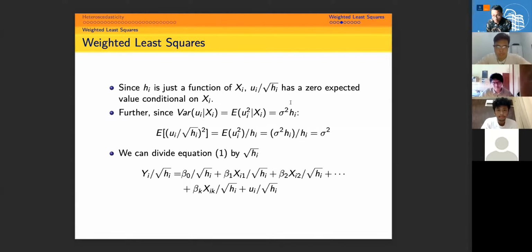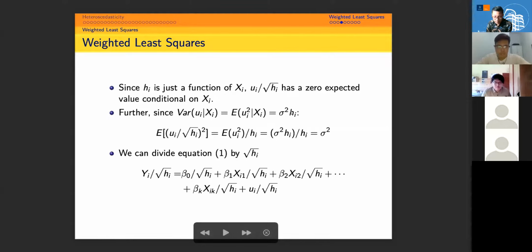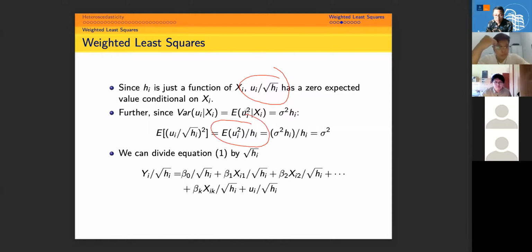Take a look at the variance of the factors that we do not observe, which is sigma squared h. Now, if we transform the error term by dividing it by the square root of h, then if you take the square of this, it's going to be the expected u squared divided by h.